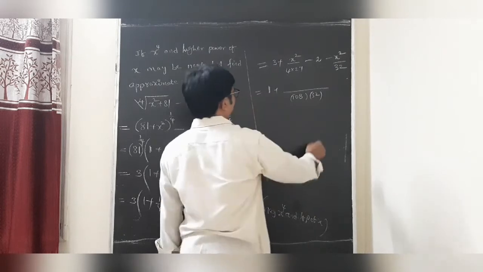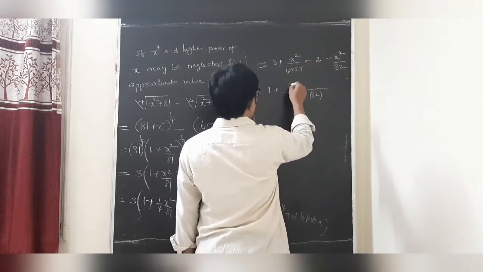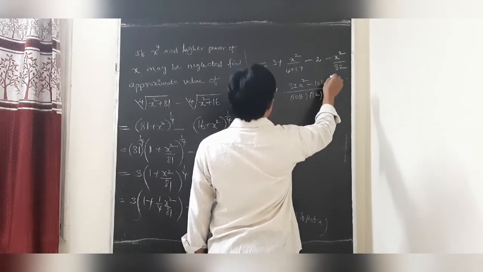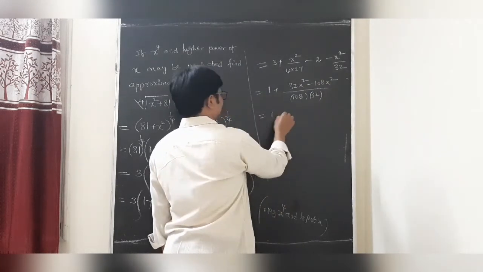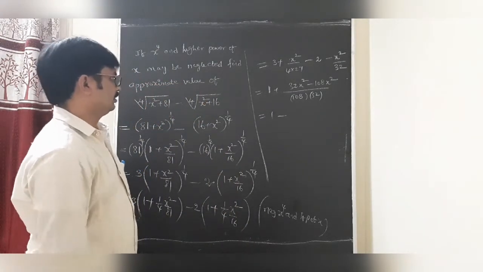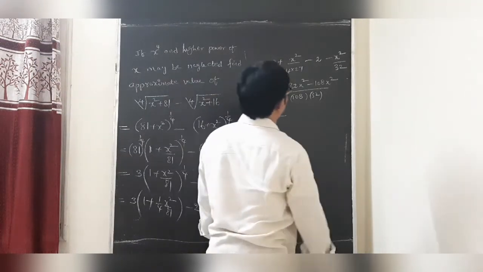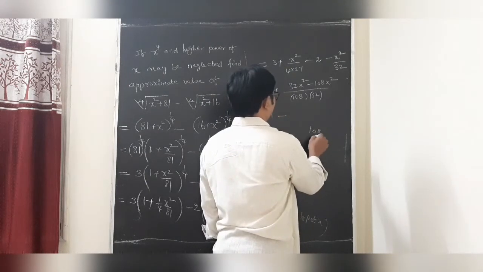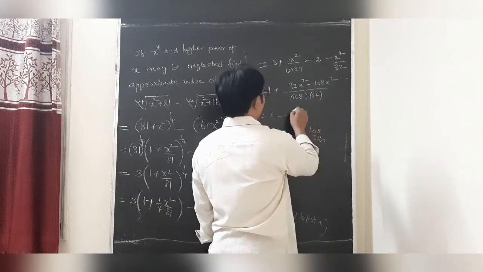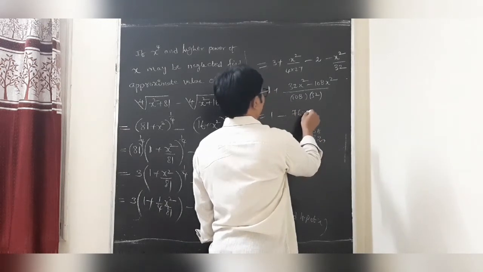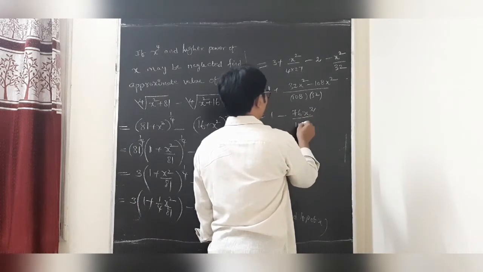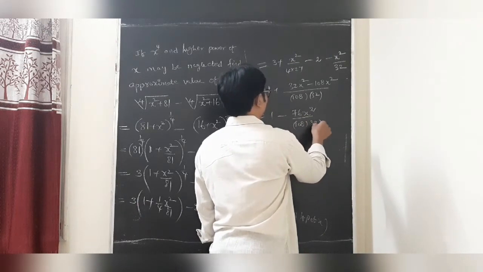So this is 32x² minus 108x², that is 108 minus 32, this is 76x² upon 108 into 32.